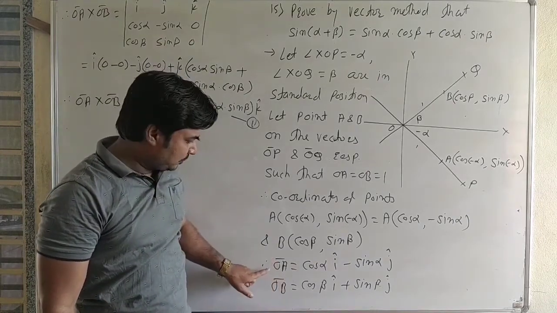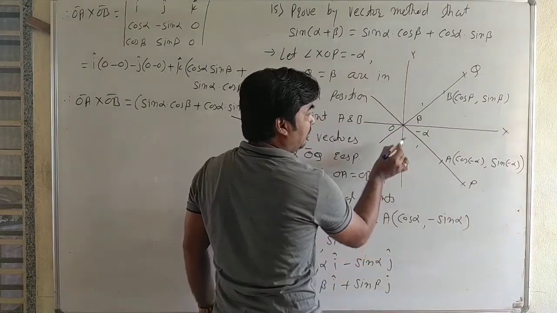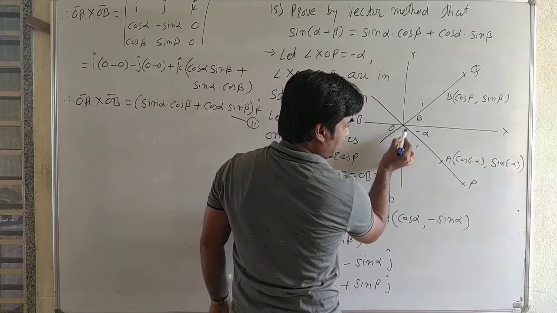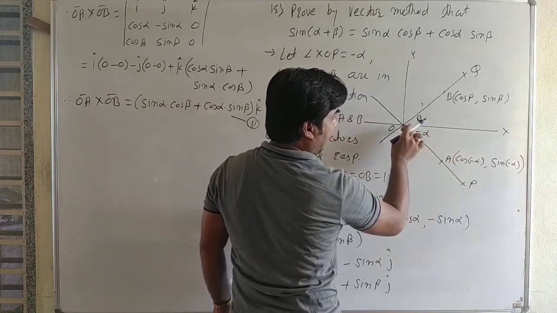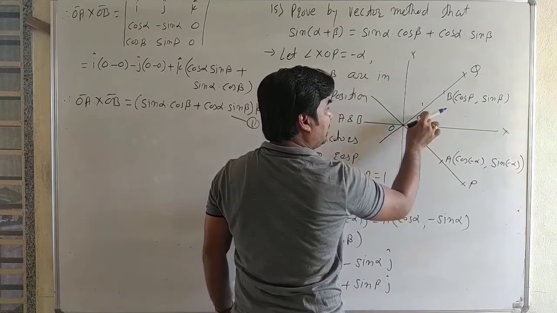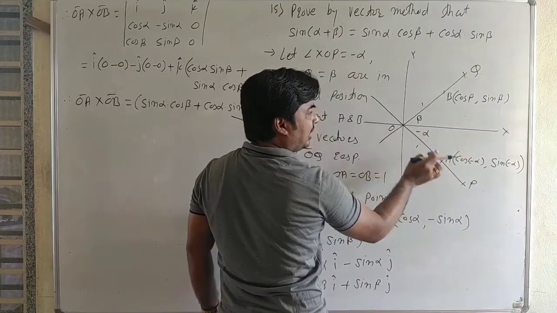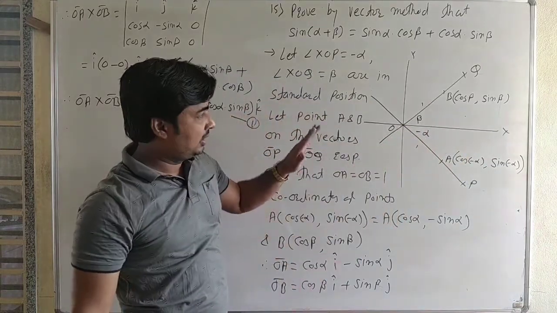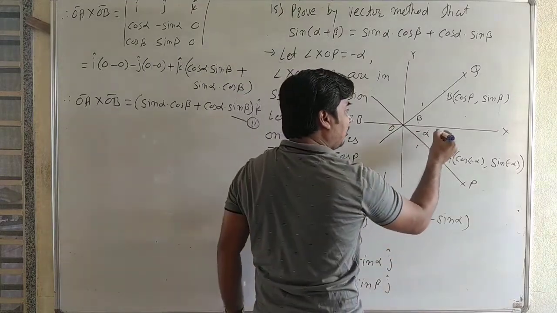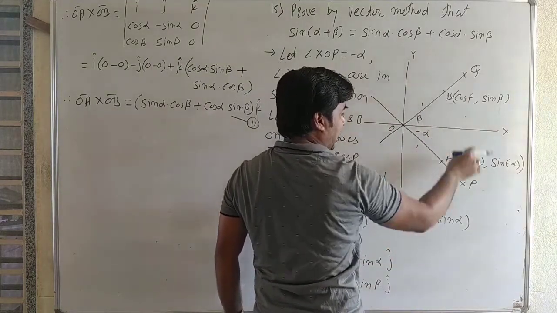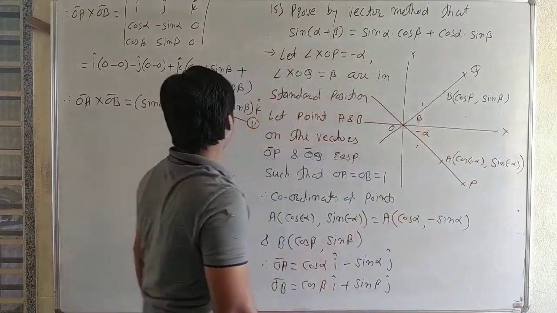The angle between vector OA and vector OB, the angle XOA is alpha and the angle XOB is beta, so the angle AOB is alpha plus beta.